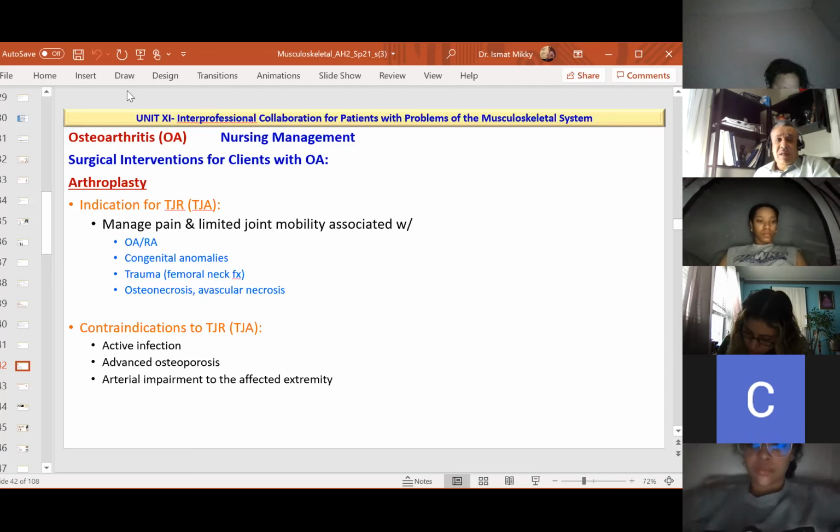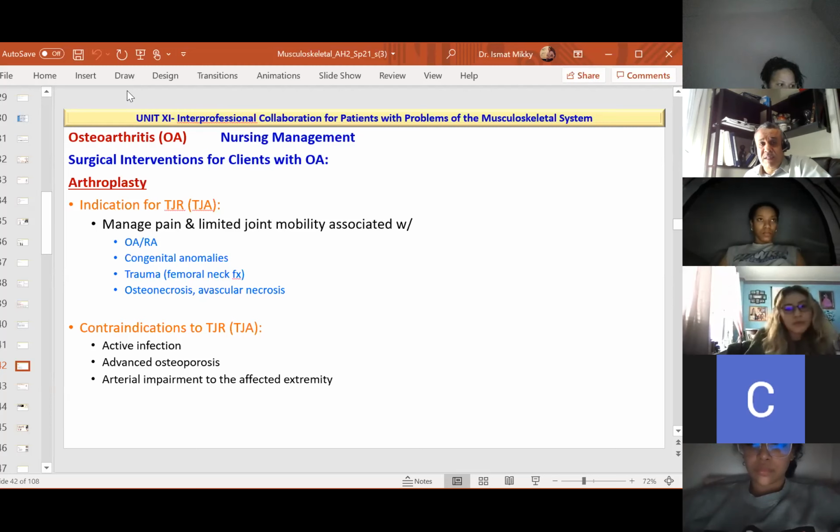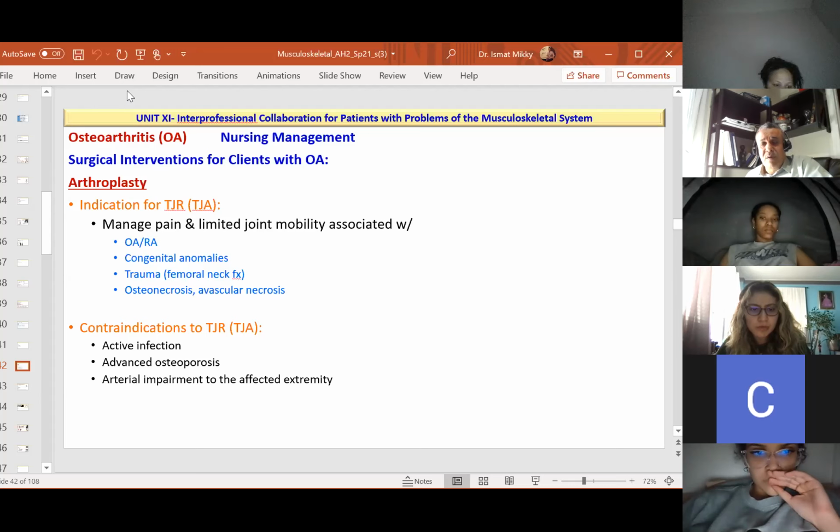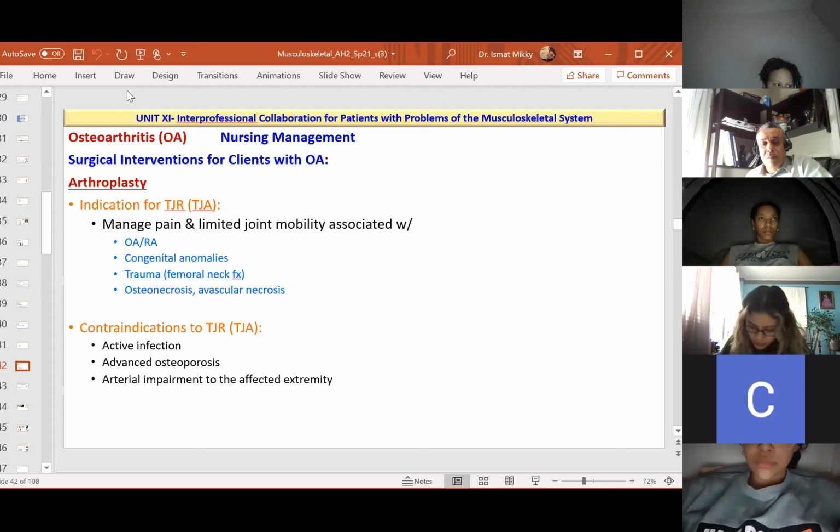So when is total joint replacement contraindicated? It's not recommended with inability to cooperate with immediate post-op requirements, because post-op requirements require specific patient teaching and specific things that should be prevented or avoided, or things that have to be maintained.